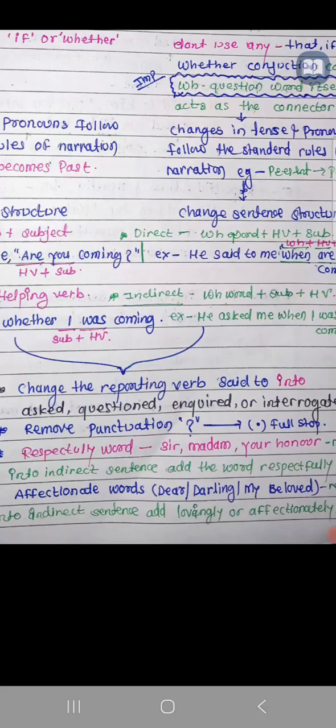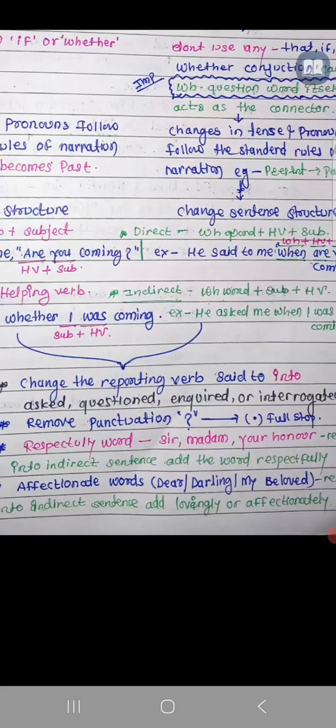If any sentence has the word dear, it is a loving feeling, it is affectionate. Dear, darling, my love, my beloved. Those words show the mood of lovingly, the mood of affectionately. So you must change them there.